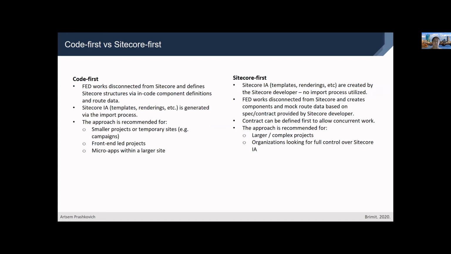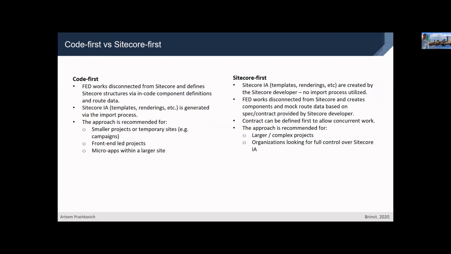And Sitecore information architecture is generated via the import process. This approach is recommended for smaller projects or temporary sites like campaigns, for front-end led projects, and for micro apps within a larger site.